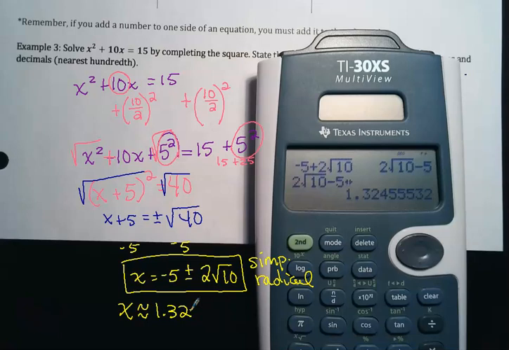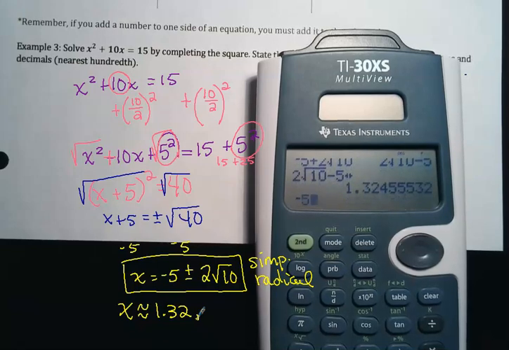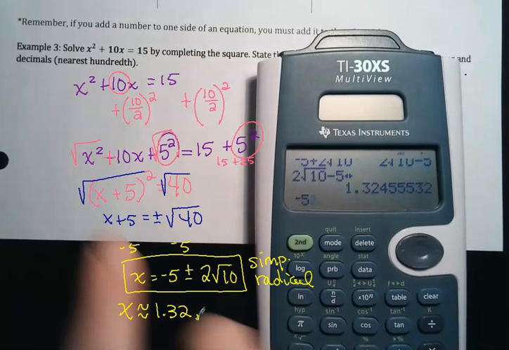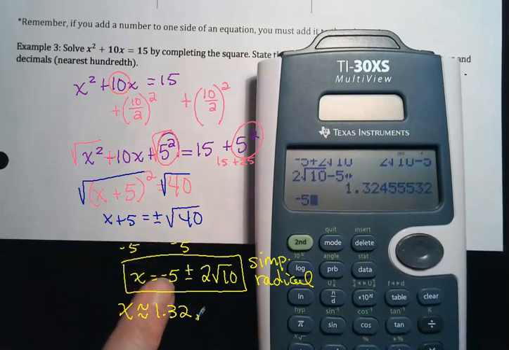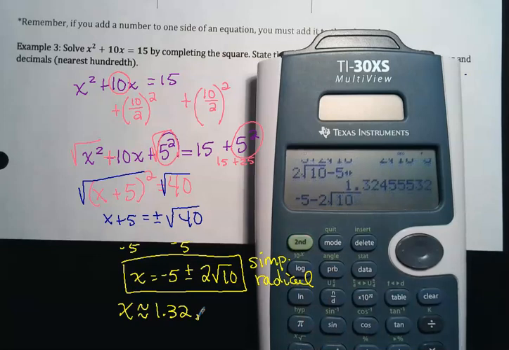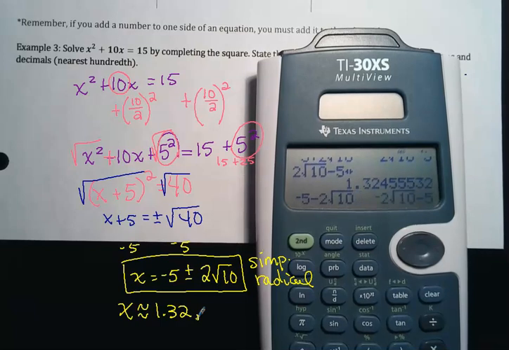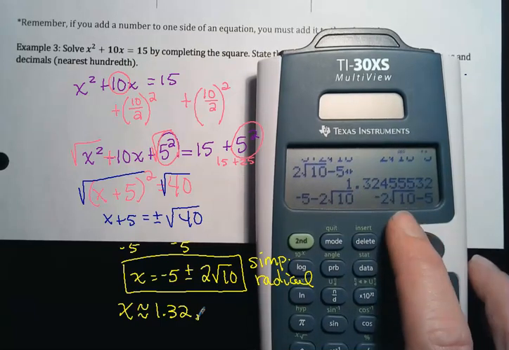All right, and then we need to do the negative one. So we're going to do negative 5 minus 2 times the square root of 10. This is exactly what it should look like here. If you hit enter, it reverses the form and puts the radical first.